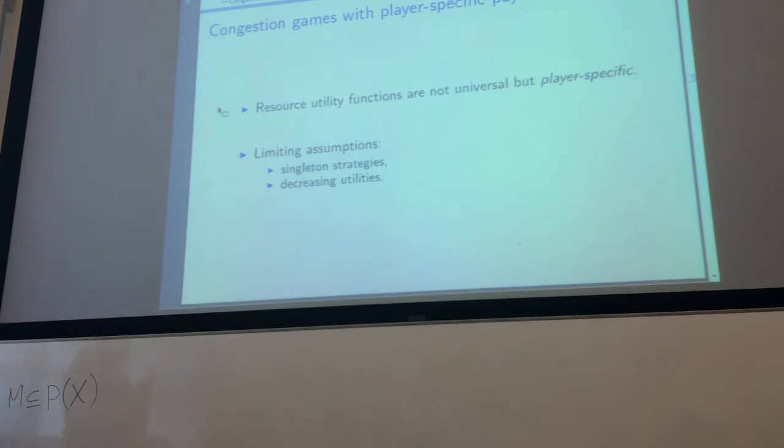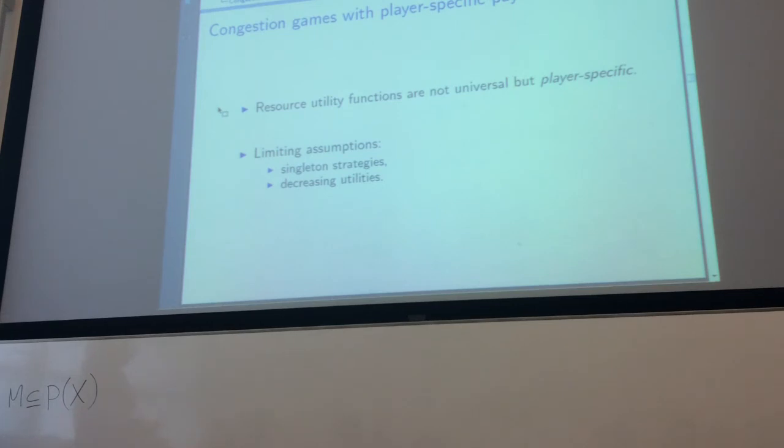Okay? Singleton strategies give us independence of relevant alternatives, because what happens around just does not matter; we always compare between two single sets. Submodularity as well, since in a switch you just compare a single switch.